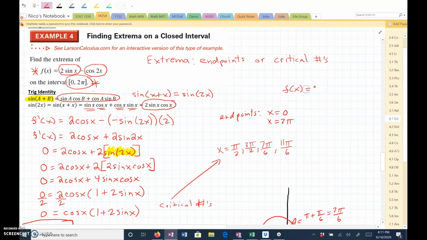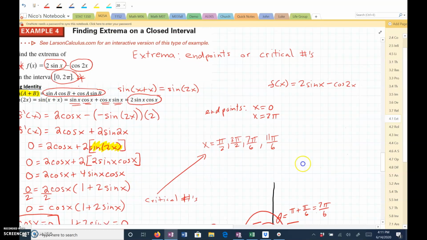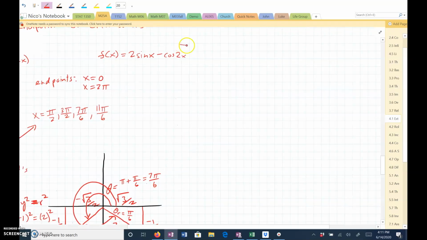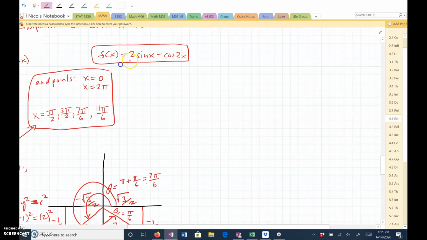The function is 2 sine of x minus cosine of 2x. Now what I need to do is take this information and plug them all into this to see which one is the maximum and the minimum.